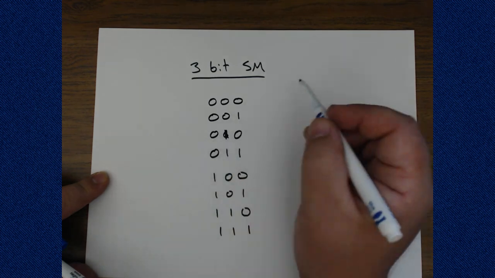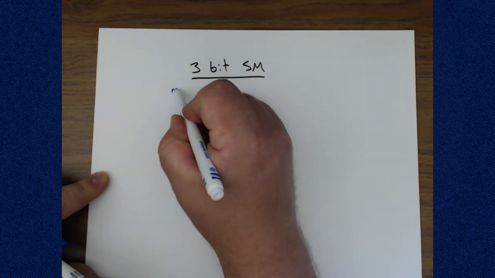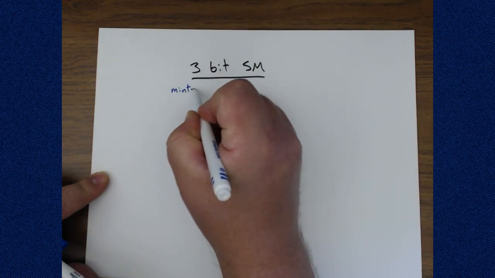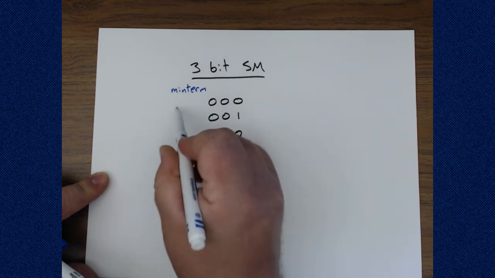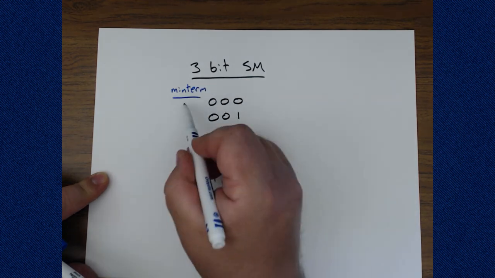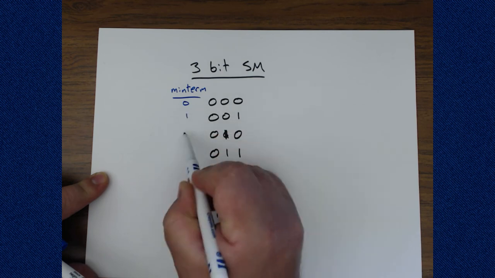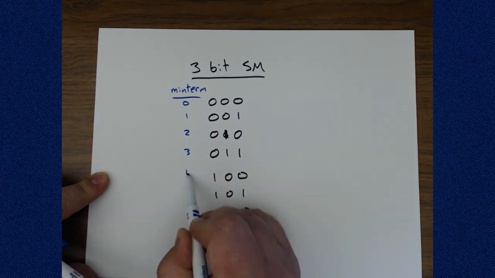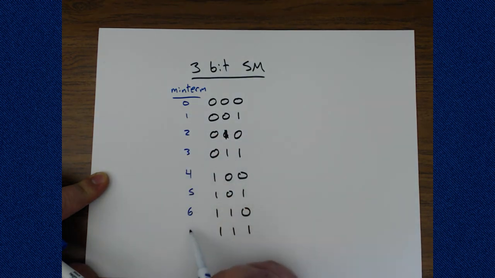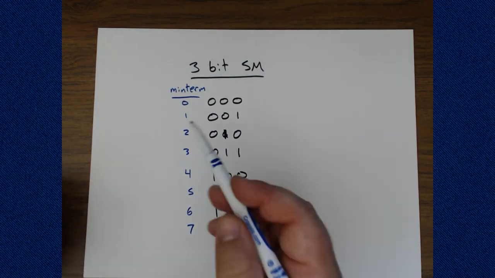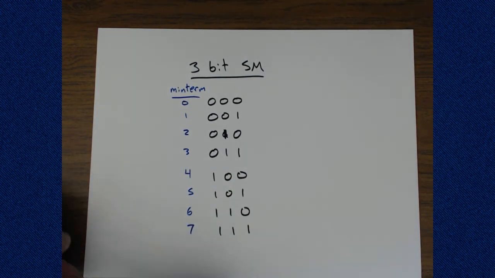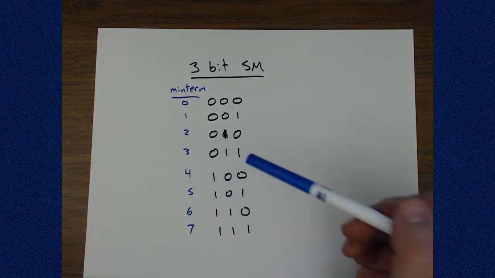Instead, we deal with these in terms of what we call minterms. And the minterm is just the unsigned equivalent of these values. So this is row 0, 1, 2, 3, 4, 5, 6, and 7. So you'll hear me use this term minterm to refer to a specific thing.